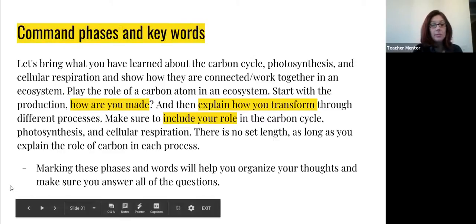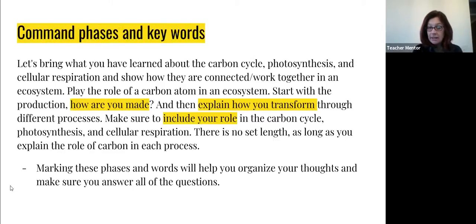So if I go through the exact question again, one of the command phrases and keywords is, how are you made? And then the other one that I highlighted was explain how you transform and include your role. Those are the three things that need to be focused on to answer this question correctly.